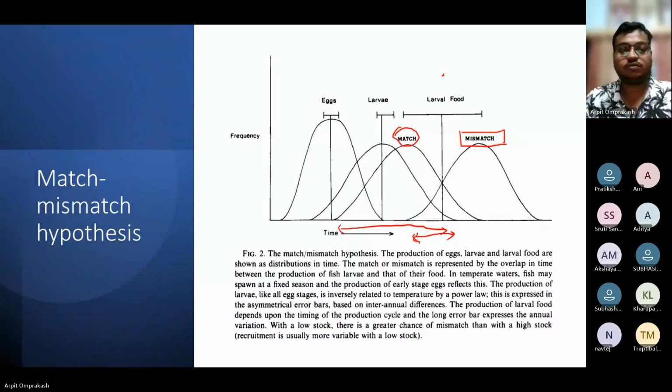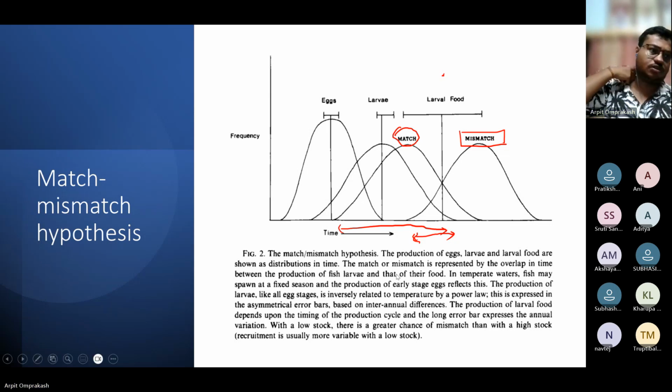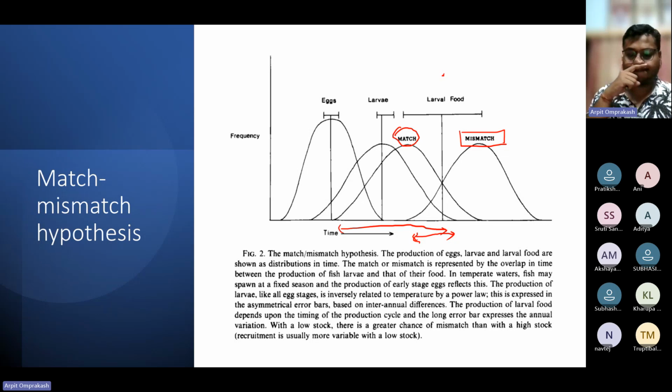Right. So nature has its own ways of balancing all these things, but we as humans, due to climate change and other things, are beginning to affect these things. Another place where we have this mismatch is pollination. The time of flowering and the time of bees becoming available or going out for food should also match.